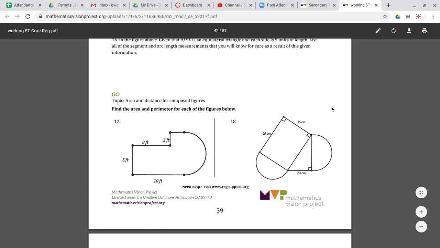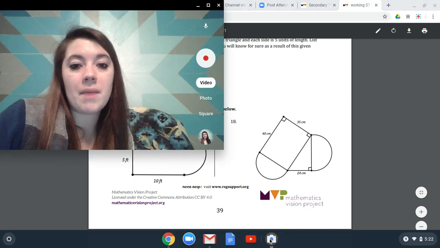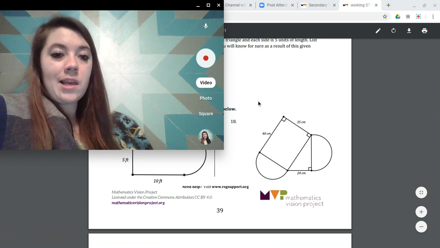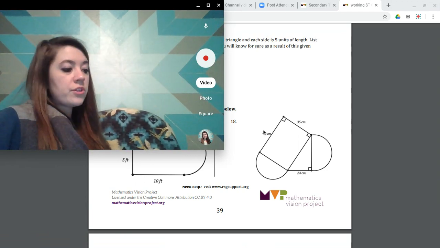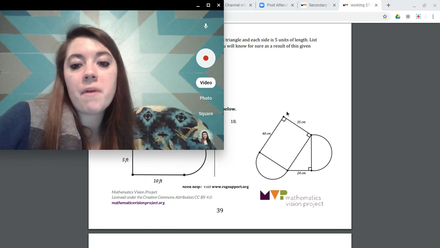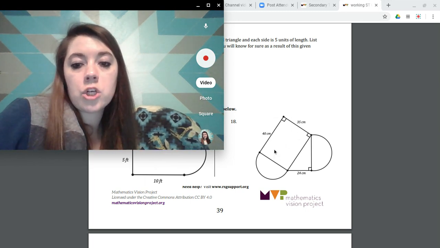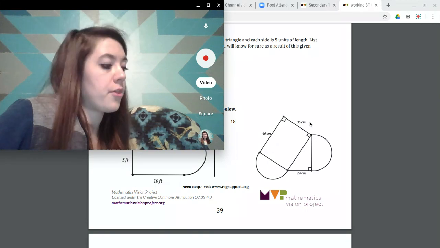We're going to do 18 together because obviously there is a lot of shapes going on in 18. So we're going to do that one together to try and make this as easy and understandable as possible for you guys, okay? All right, so first of all, in 18, I'm going to start by finding the area of this large rectangle here, so the 40 by 35.